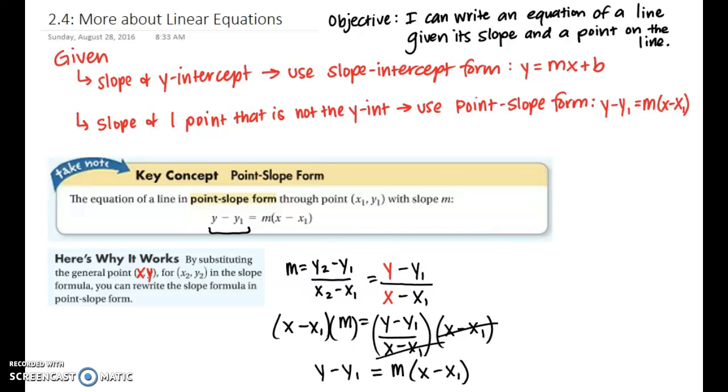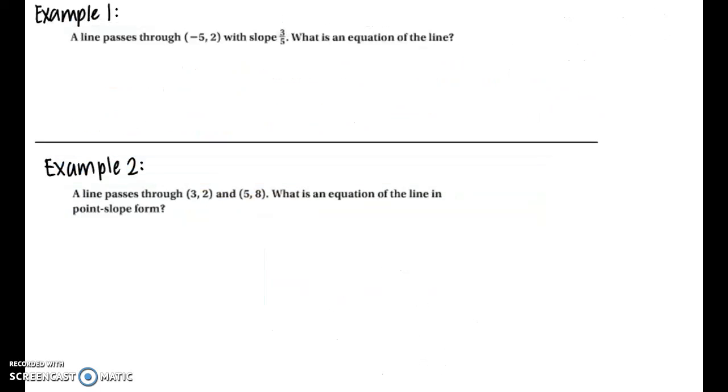In example 1, we have a line that's passing through the point (-5, 2) with slope 3/5. What is an equation of the line? Because we are given the slope and a point that is not the y-intercept, the best form for this equation is point-slope. So first thing I'm going to do is rewrite the point-slope form and also label the given information: x1, y1, and m.